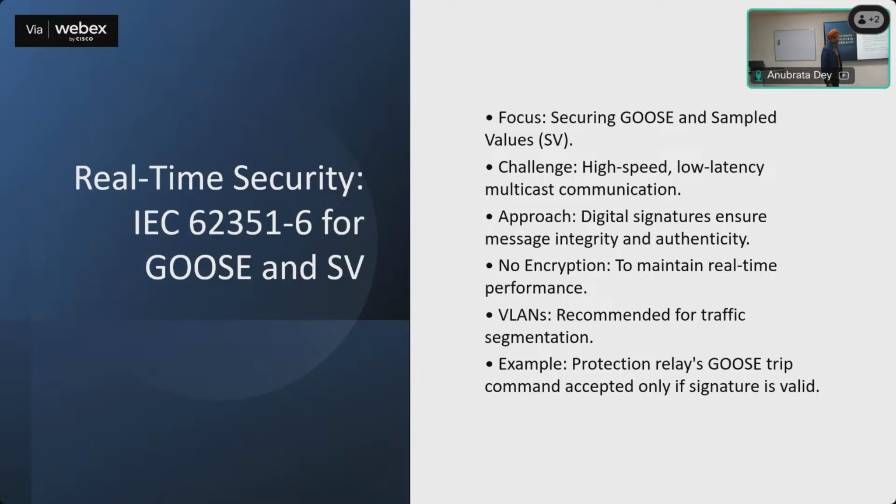Any GOOSE message will be signed. We talked about that earlier, right. And that will ensure the integrity and authenticity. There is no encryption, because encryption, decryption will take time. So you have to maintain the real-time performance. No encryption, only digital signatures are done, right?